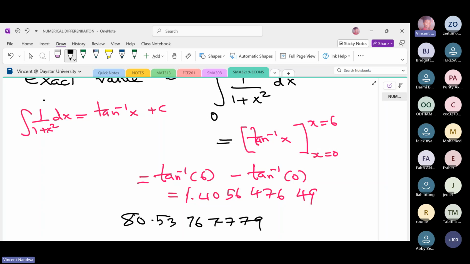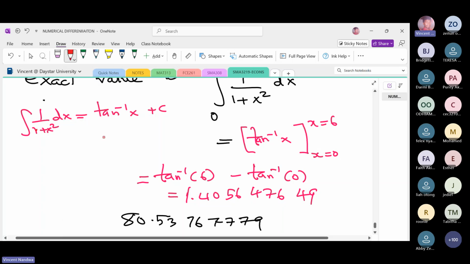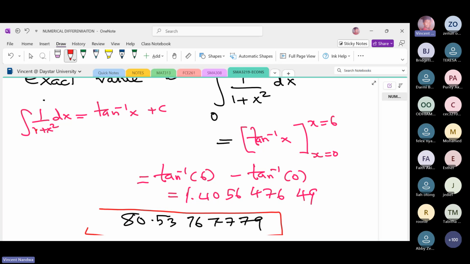It's an answer but a wrong answer, though good for learning. It is possible for you to get this. For people who are getting this 80.53, there are many people who might get this answer. It's a wrong answer, but good for learning so that you don't repeat this mistake next time.